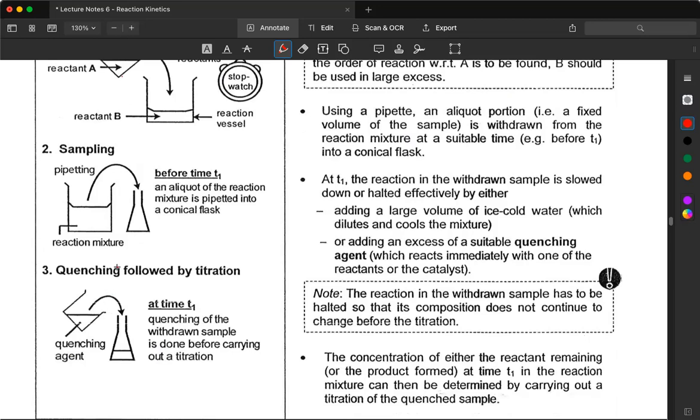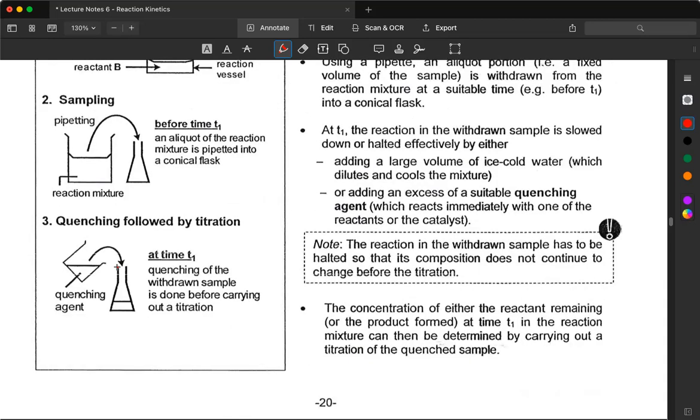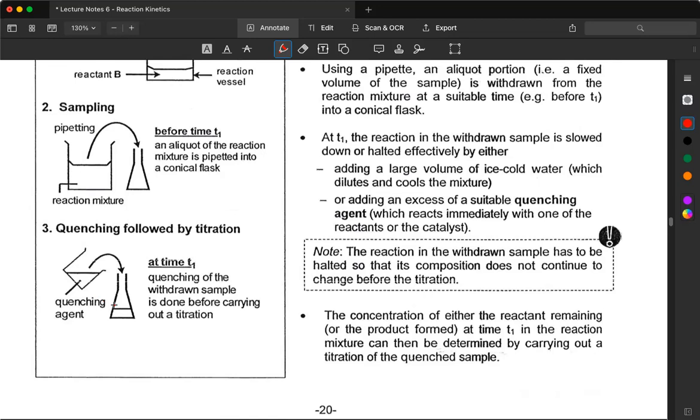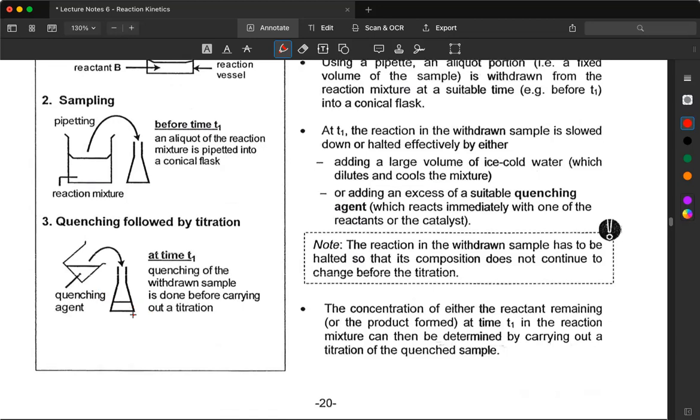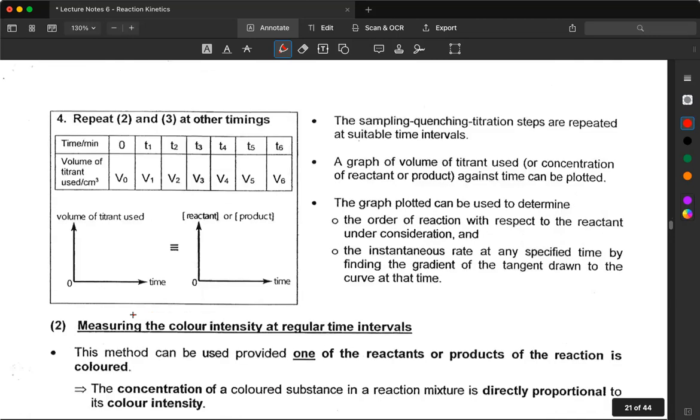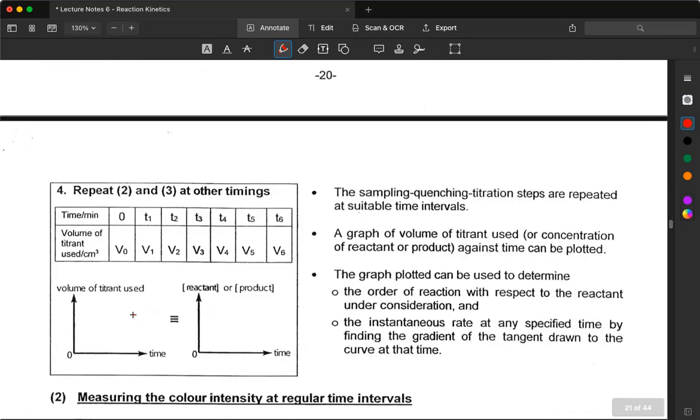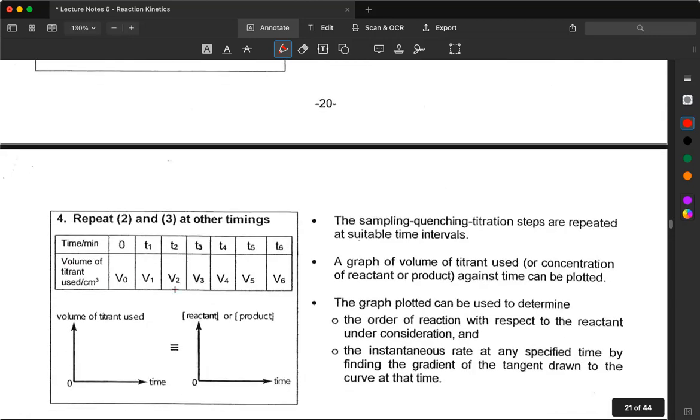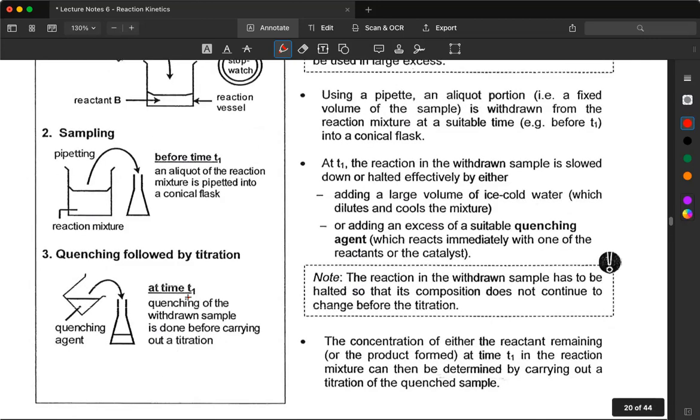The reaction in the withdrawn sample has to be halted so that its composition does not continue to change before the titration. So the concentration of either the reactant or the product formed at time t1 in the reaction can be determined by carrying out titration of the quenched sample. Then after that, you repeat steps 2 and 3 at other timings to get different volumes of titrant.